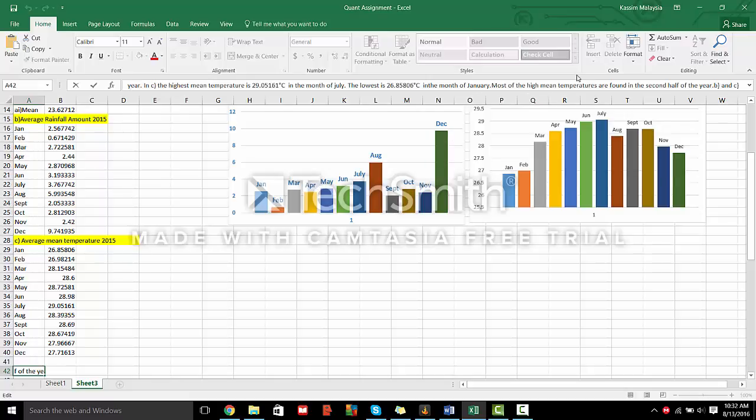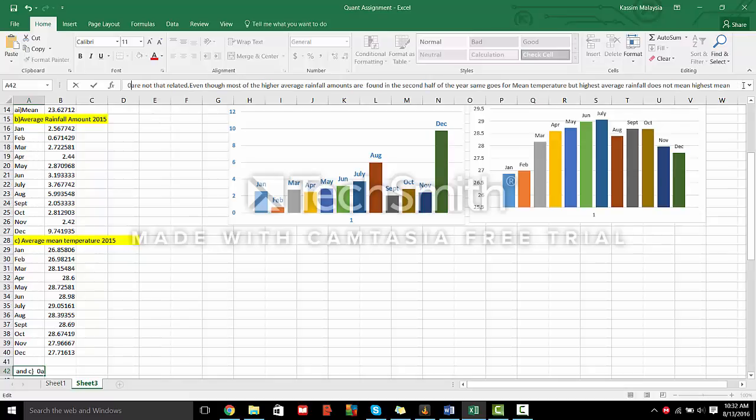Most of the high temperatures are also found in the second half of the year. From June or July onwards it's 29, 28, 28, 28, 27, 27, at least 26, 26, 28, 28, 28. You can see that the second half has a higher mean.